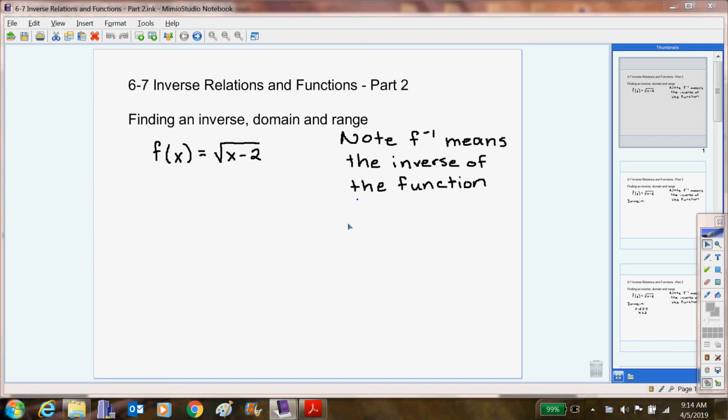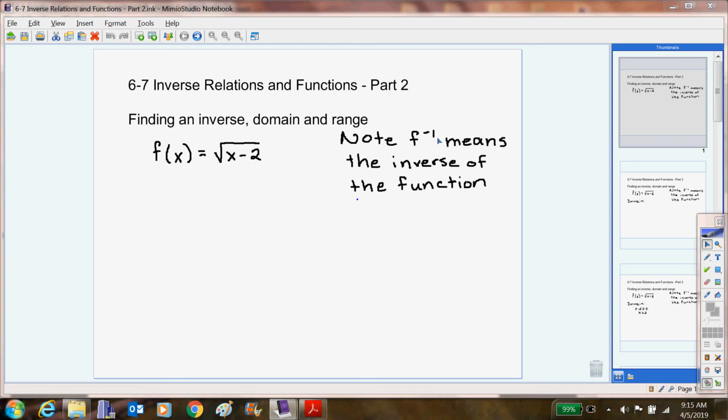So yesterday we did a strict y equals something, and there was an x in it, so a y and an x, and we switched the y and x. Today we're using that function notation, f of x, if you remember. The way that you notate an inverse function is with a little -1 up at the top, and that's f inverse.